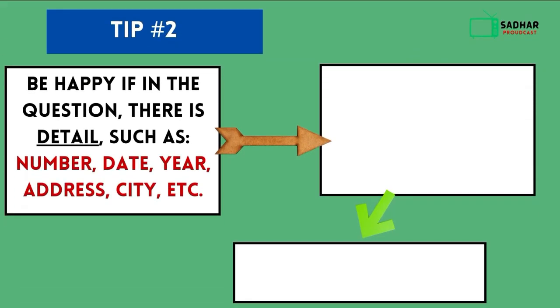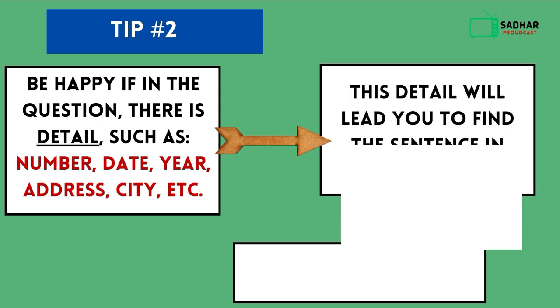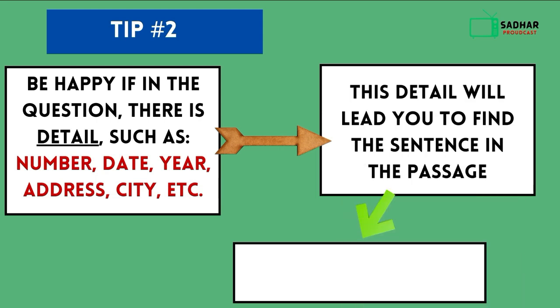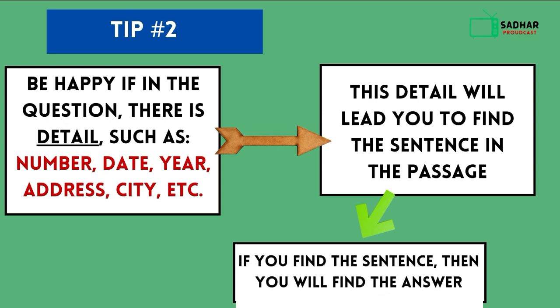Tip number 2, which is very important: be happy if in the question there are details such as number, date, year, address, city, etc. Because all these details are very unique, they will be very easy to find in the passage. This detail will lead you to find the sentence in the passage, and if you find the sentence already, then you can find the answer.